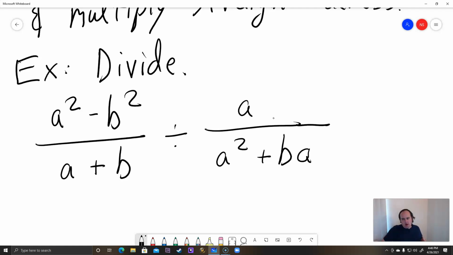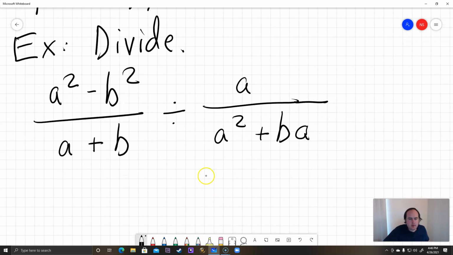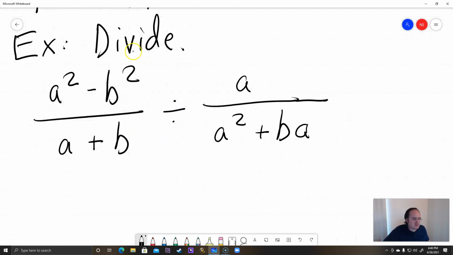Now this is about as hard as your homework gets for the whole dividing fractions business. And again, I'm only going to do one example because these are very similar to what we've been doing. Notice we have the division symbol here instead of the multiplication symbol. And even though they just say divide, they also want you to simplify.